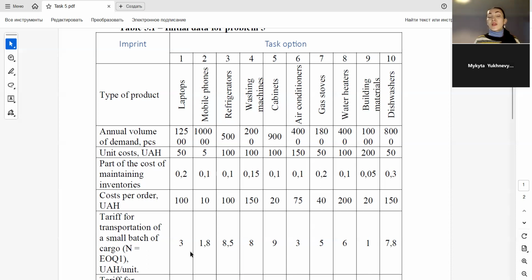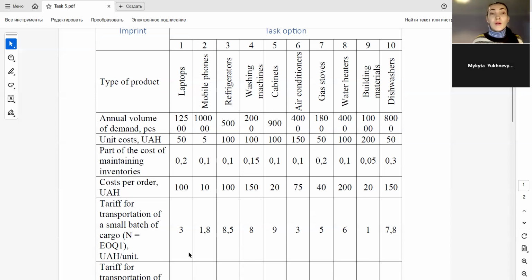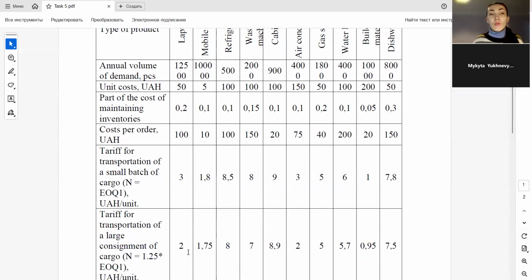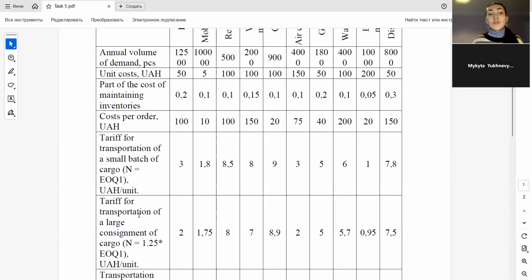Then our next calculation will be the same, but for the next part, we use the tariff for transportation of a large consignment of cargo.